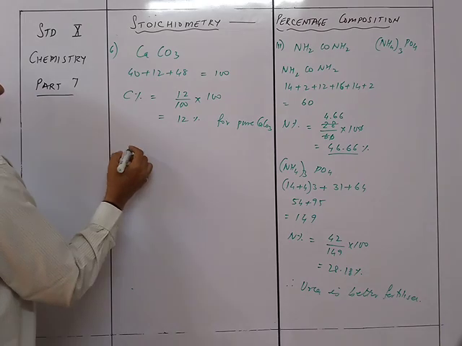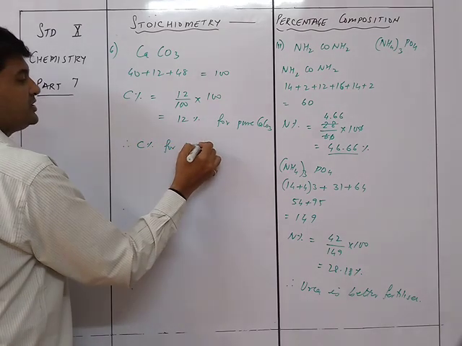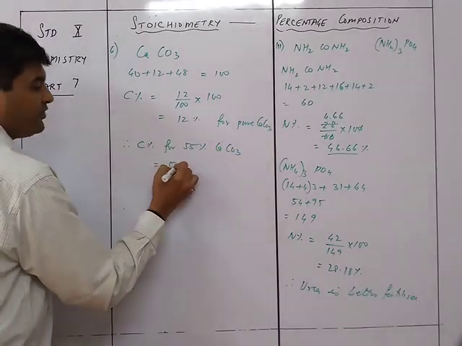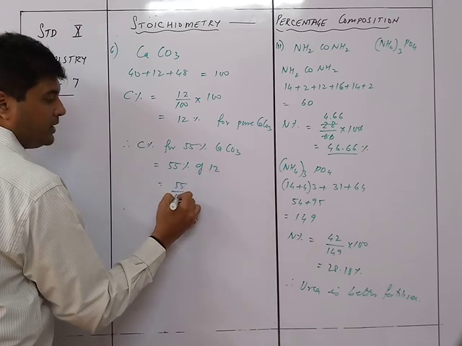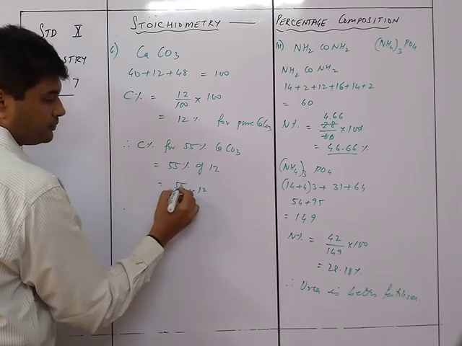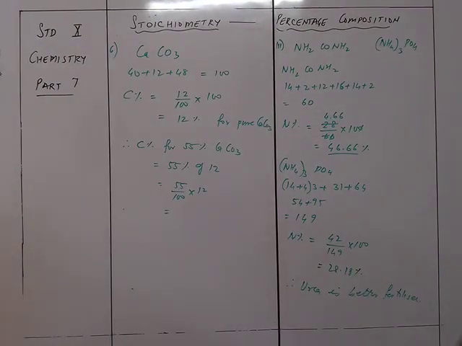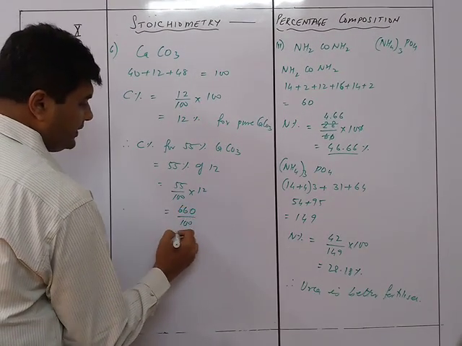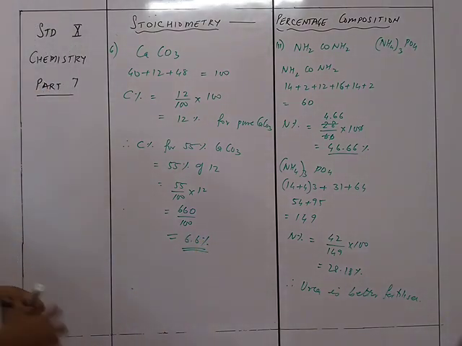But it is 55% pure, therefore C percentage will be 55% of 12, which is 55 upon 100 into 12. That is 660 upon 100, equal to 6.6%. So that was sum number 6.